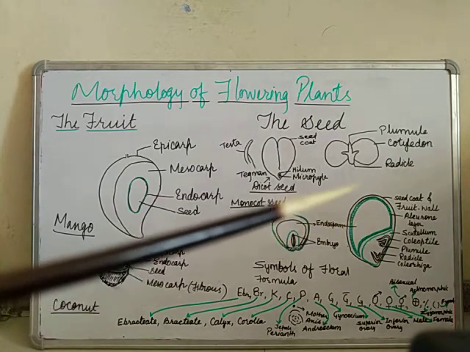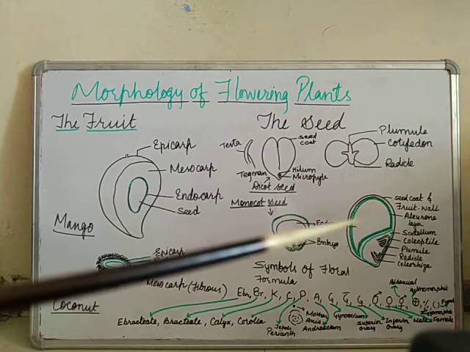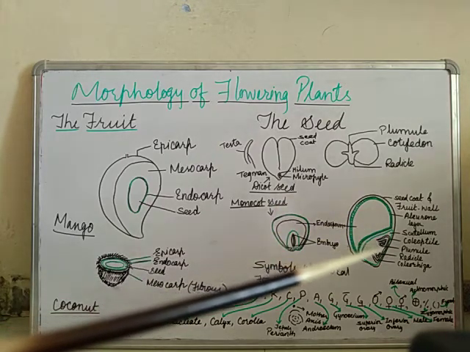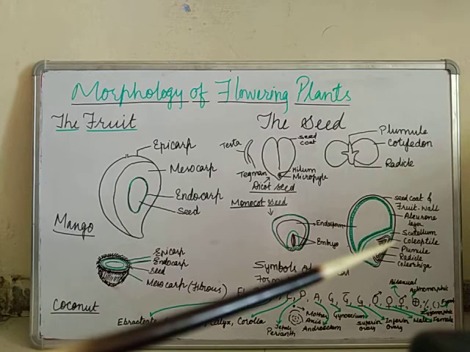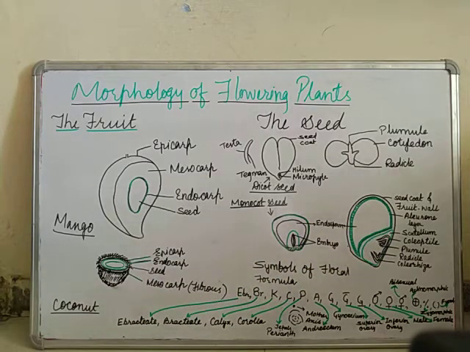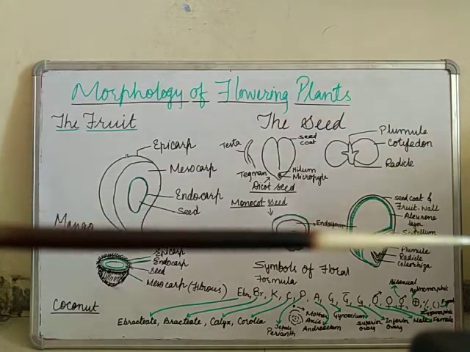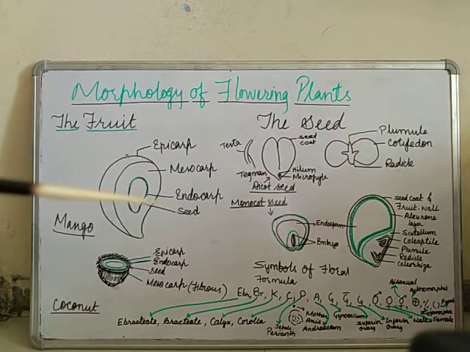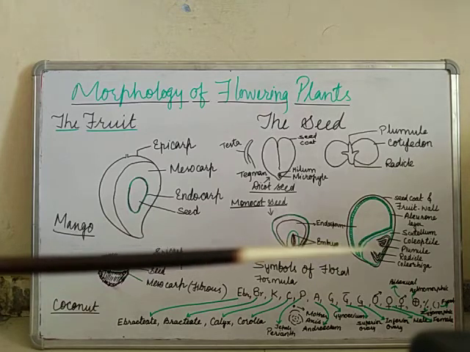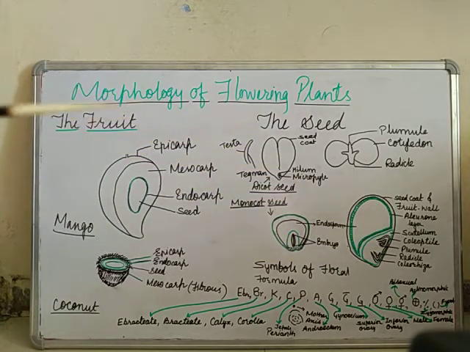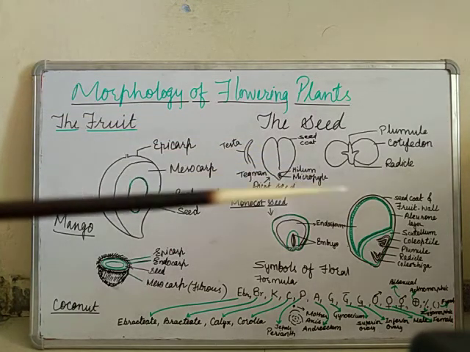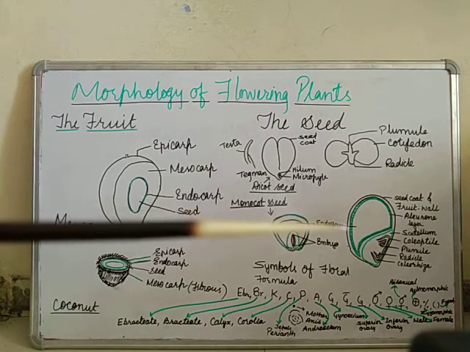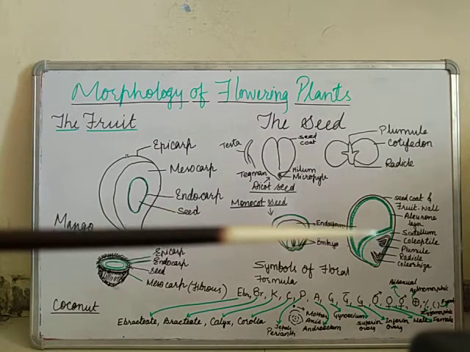Aleurone. And if you move downward, there is the cotyledon of the monocot plant, and that is called the scutellum. Then there is a small covering of the plumule, that is called the coleoptile.